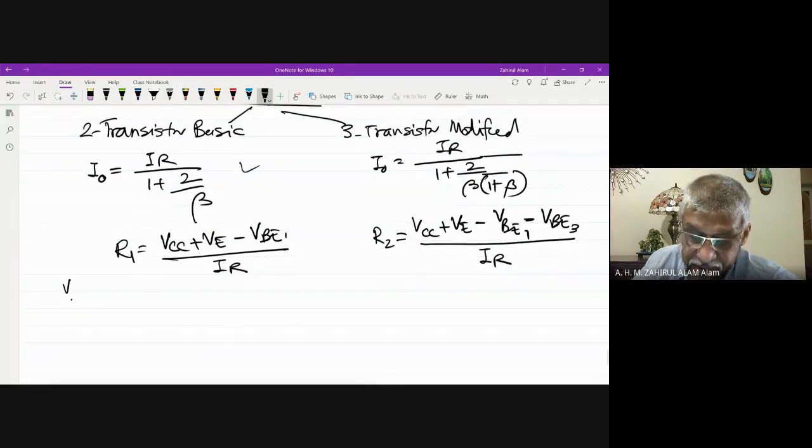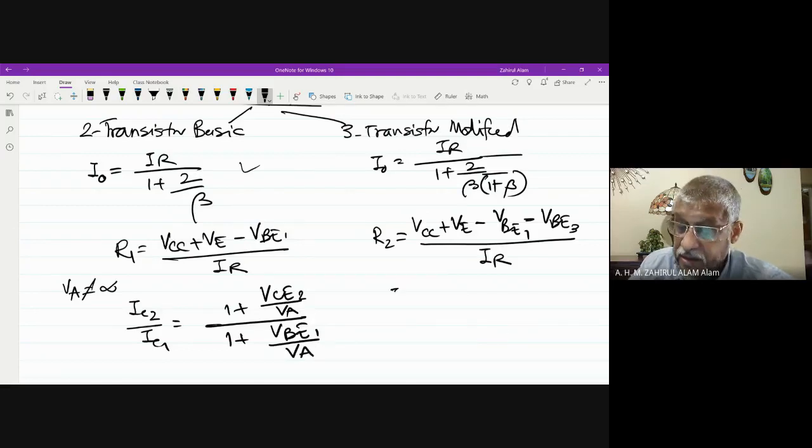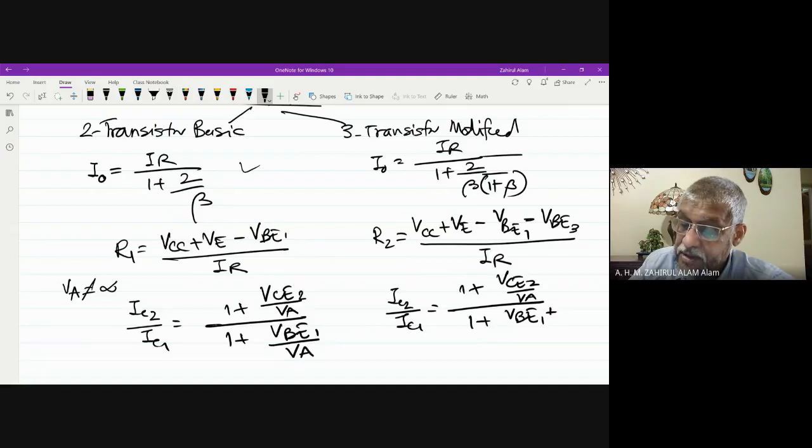And if VA is not equal to infinity, then IC2 over IC1 is 1 plus VCE2 divided by VA over 1 plus VBE1 plus VBE3 divided by VA.